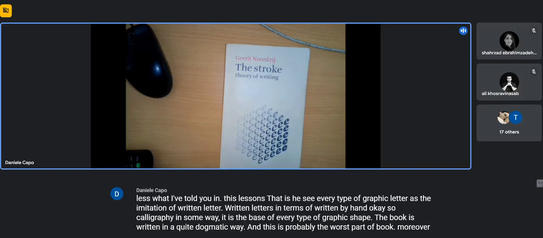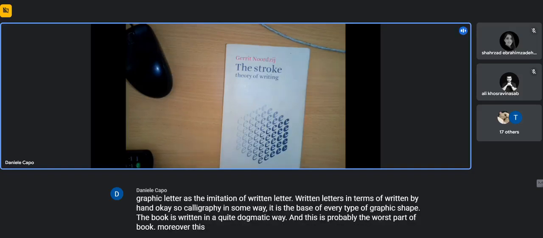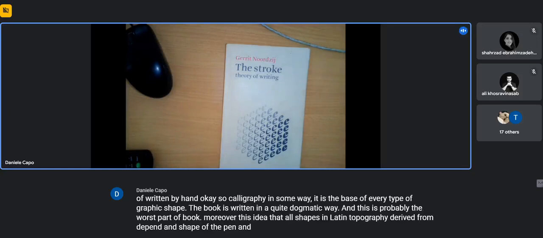Moreover, this idea that all shapes in Latin typography derive from the pen and the shape of the pen and handwriting is not very solid.